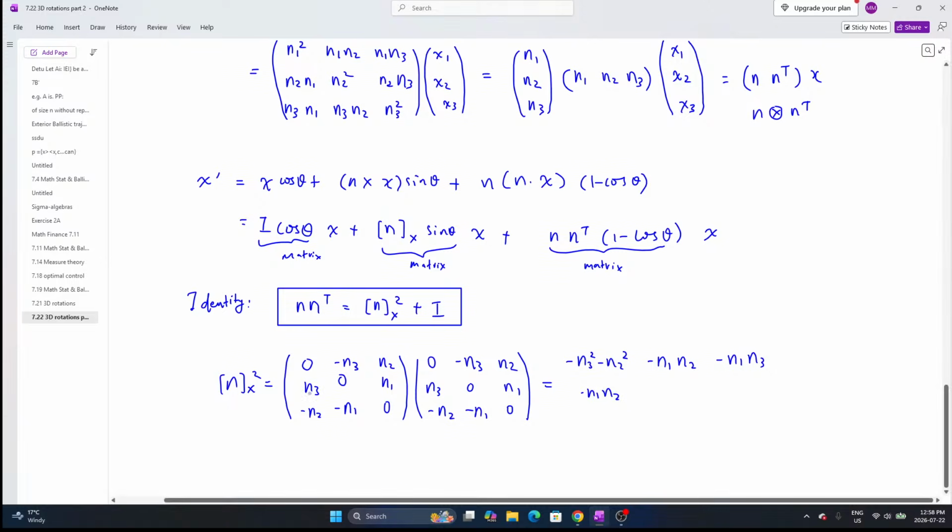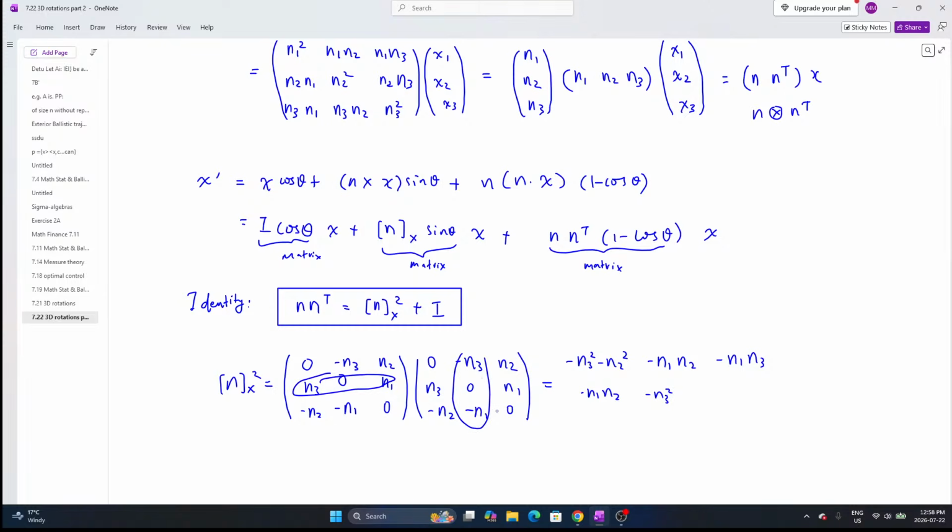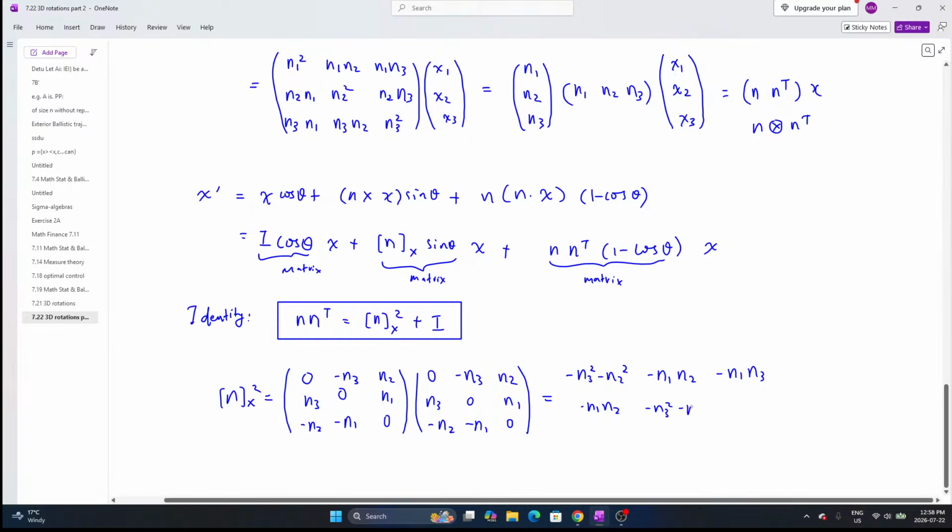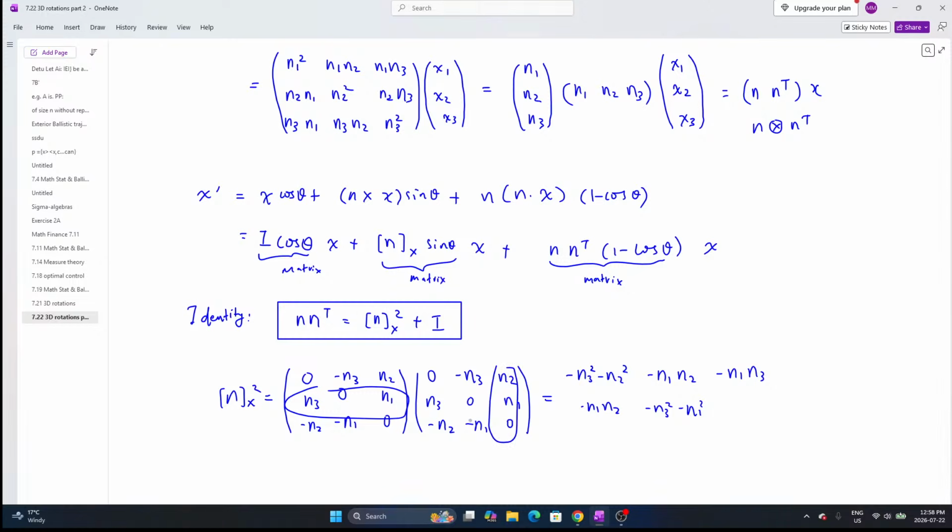Minus n3 squared minus n1 squared. This row, that column, gets just n.